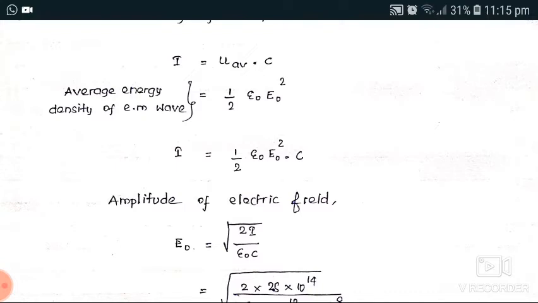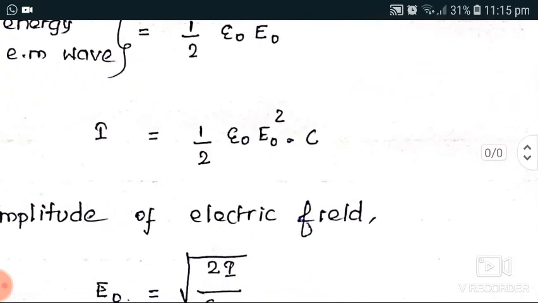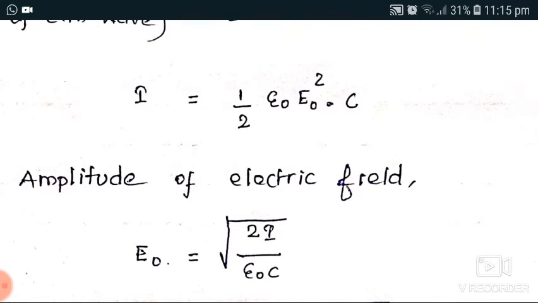We need to find the amplitude of the electric field, which is represented by E naught. So I need to find E naught from that equation. I retain E naught on one side and move the other terms to the opposite side. The 1/2 goes across and it becomes 2I, and epsilon naught into c goes across and divides: E naught squared is 2I divided by epsilon naught into c.